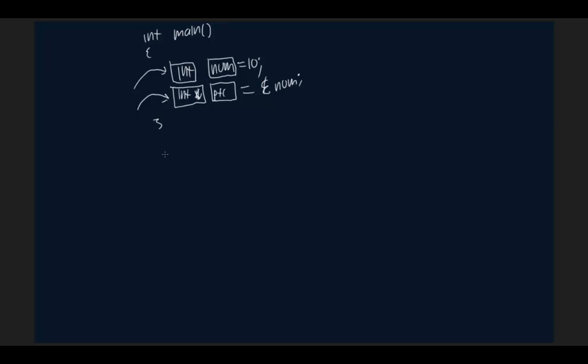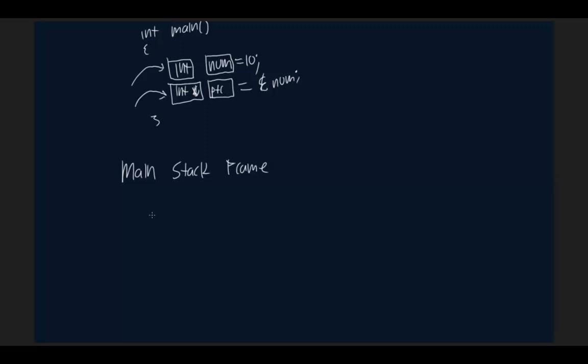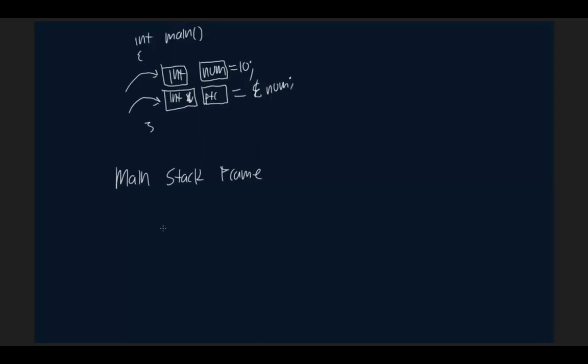Anyway, so we have our main stack frame. What's in it? Well, we have two local variables. And what I'm going to do is draw a nice little table of our main stack frame. We have our variable.